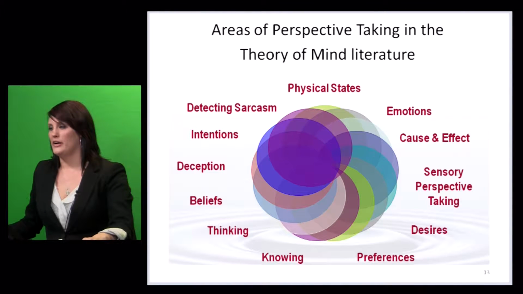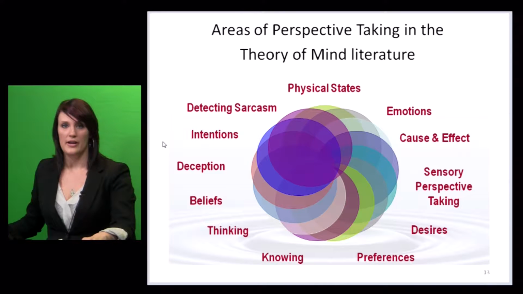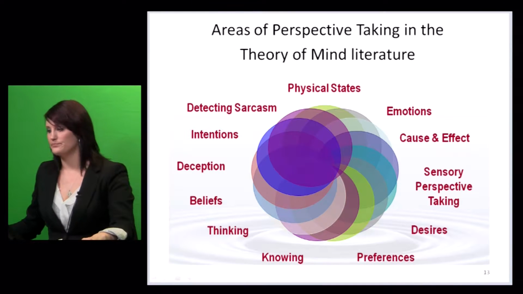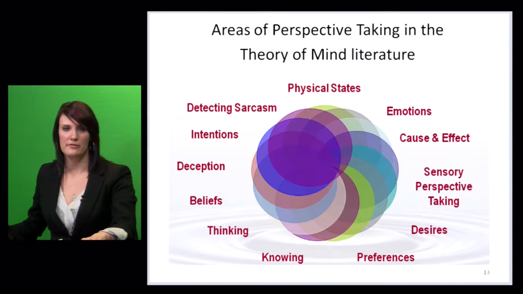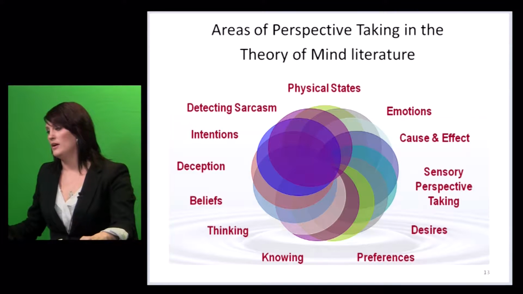So here are some areas of perspective taking that are addressed in the theory of mind literature. You have physical states. So this refers to how a person may be feeling at a given moment. So are they tired? Are they hungry? Emotions, which we're all very much aware of, cause and effect.